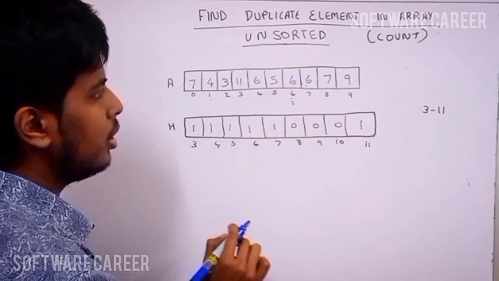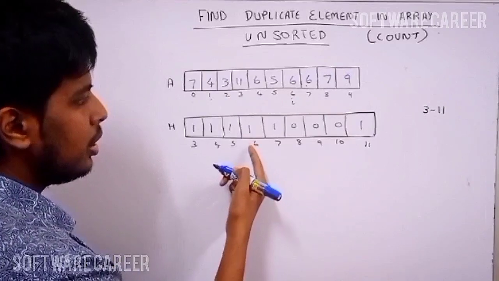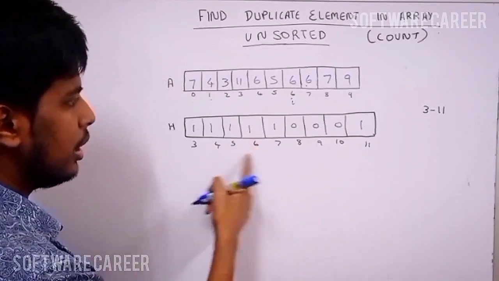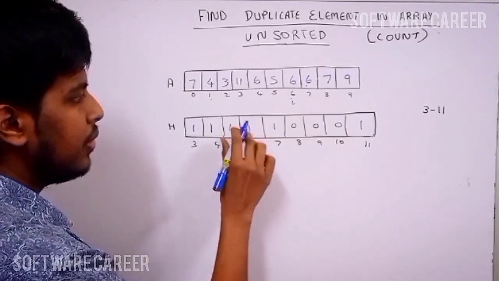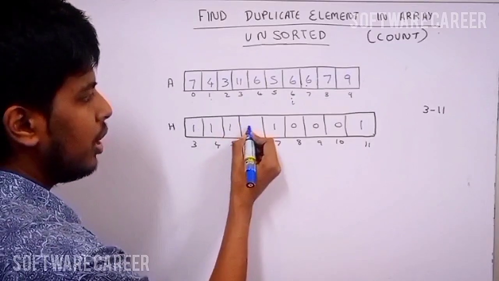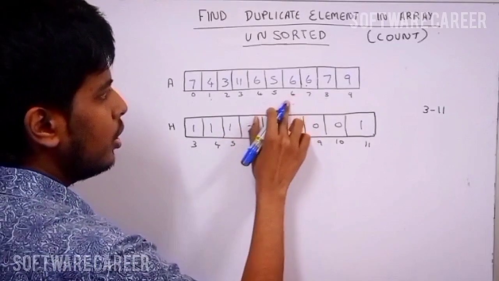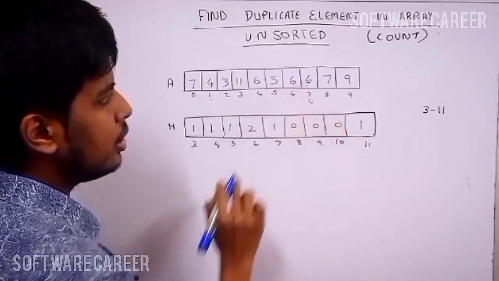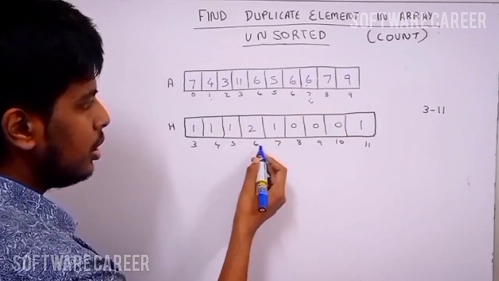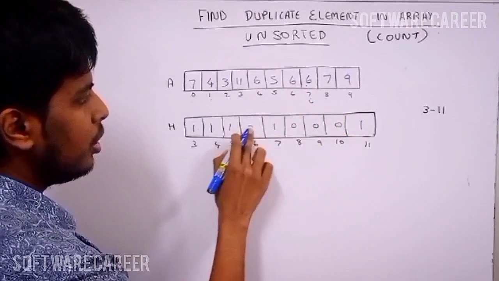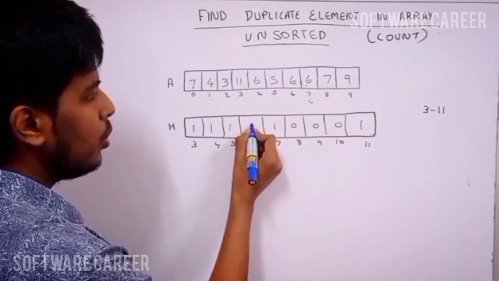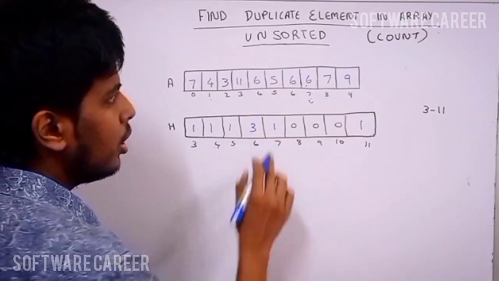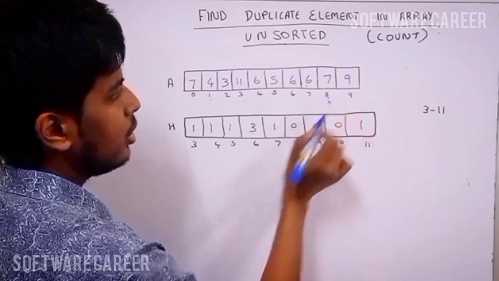Here 6 is there, so you search the 6th index in this hash table and increase that value by one. Now it becomes 2. Now I is here, and again 6 is present, so you search the 6th index and increase by one. So it becomes 3.